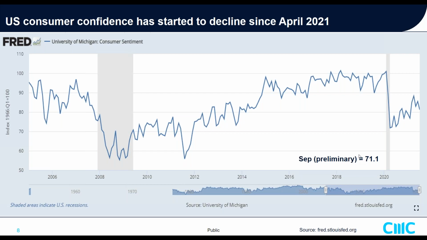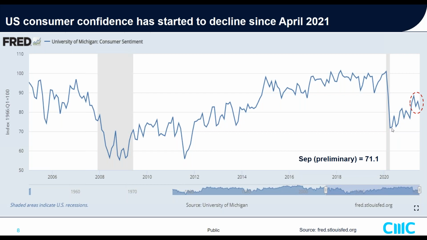So what's interesting over here is that since April, that means we're talking about Q2, since April 2021, it has been declining. The latest one in September is 71.1. So you realize that over here there is actually a potential trend reversal on the initial up movement after the pandemic low.